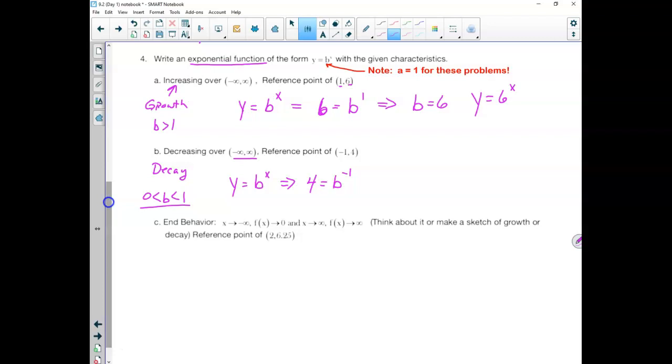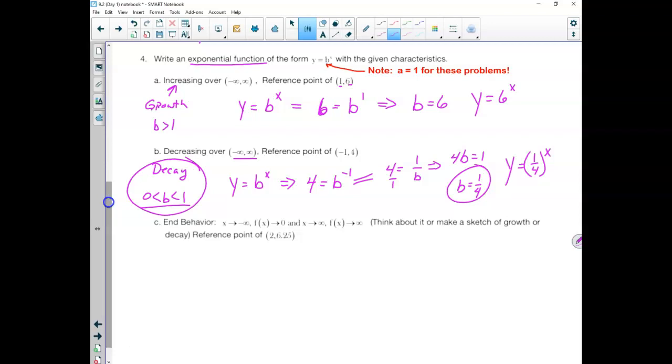Whoa, I really don't know what's going on here, so let's look at this as 4 equals 1 over b. Let's cross multiply this like a proportion. This is going to give me 4b equals 1. So wouldn't that mean b has to equal 1/4? Well, isn't that kind of crafty? So what's my function? y equals 1/4 raised to the power of x. Well, it worked out really nice because it is a decay, because 1/4 is between 0 and 1.